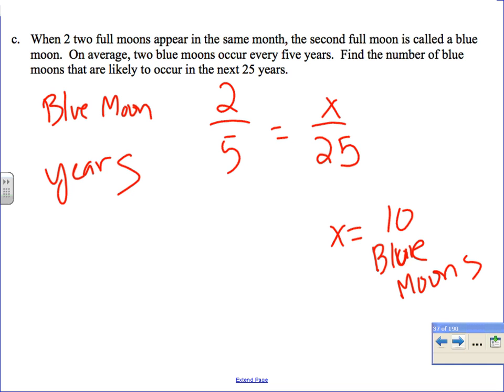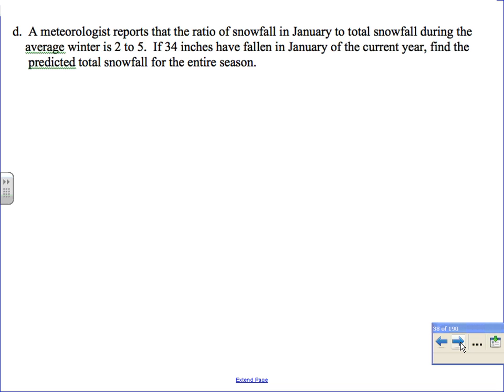Okay. Justin, letter D. This one's tricky. What two things or items are they talking about? Good. So January snowfall and total snowfall. You had to read carefully to know one of those numbers is how much it snowed in January. The other one is the total snowfall. So Justin, what was your proportion?